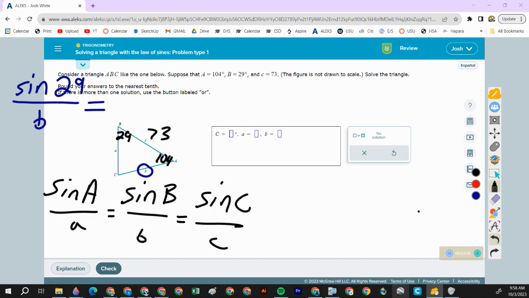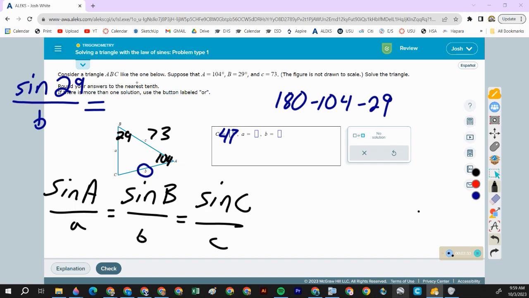How? Just use the triangle angle sum theorem. So 180 minus 104 minus 29. What is that going to be? So that is 47. So angle C is 47.